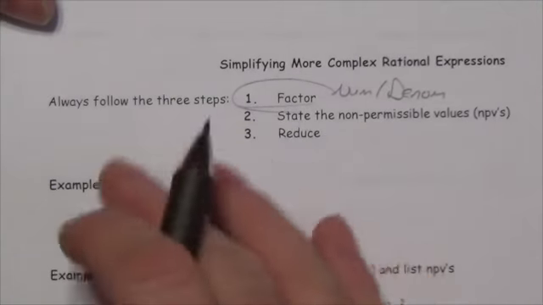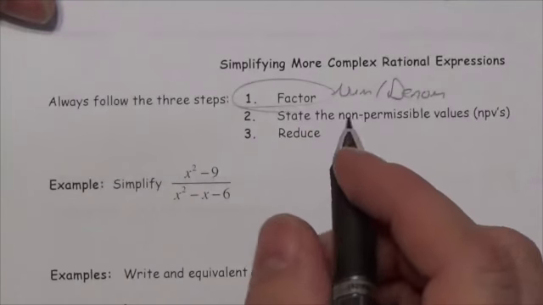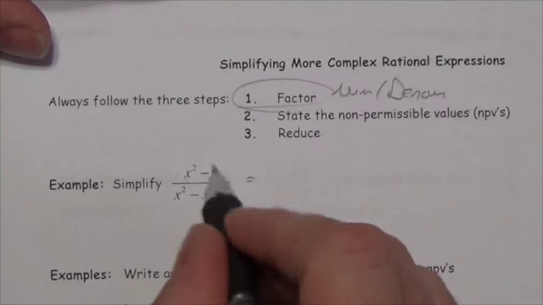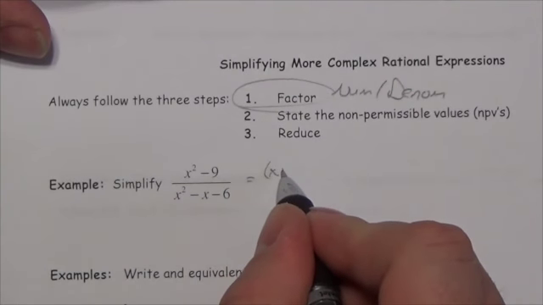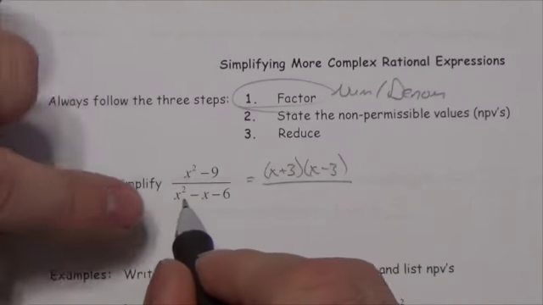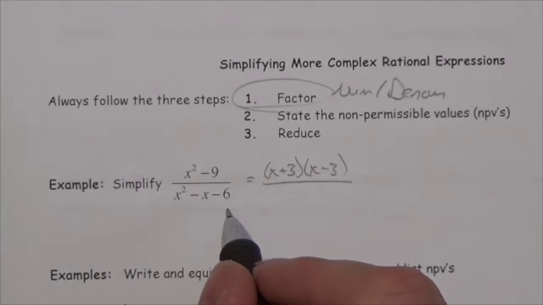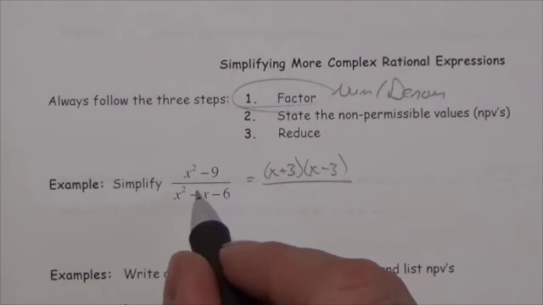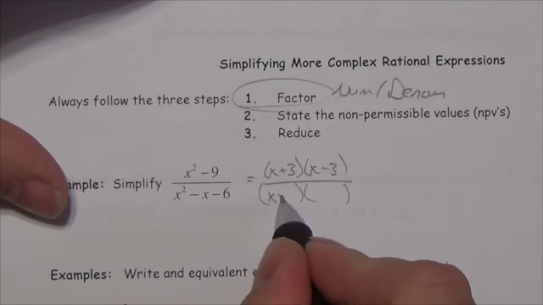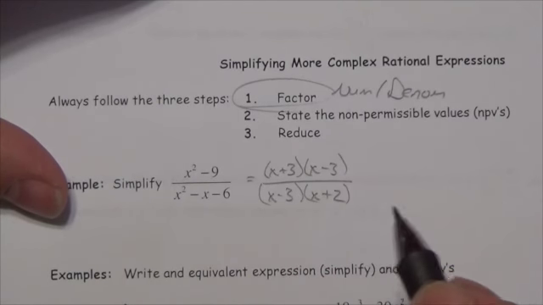So as an example right here, just to introduce this, what we would do is we would look at the numerator. I see a difference of squares. So x plus 3, x minus 3. And then I see a trinomial, which would require some basic trinomial factoring. Now we're looking at factors of negative 6, whose sum is negative 1. And that's going to be negative 3 and positive 2.